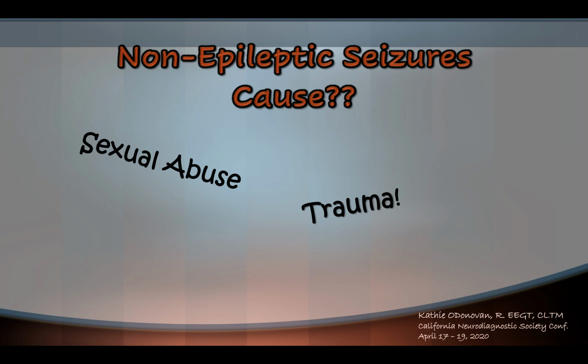Any kind of abuse or trauma can cause stressors that change the brain, and some patients with certain sensitivities react to it by having something that can look to the ordinary person like a seizure. And when I say ordinary person, I'm talking about family and just general people in the public, teachers at school, doctors even that are not neurologists. Certainly epileptologists would be able to tell the difference.